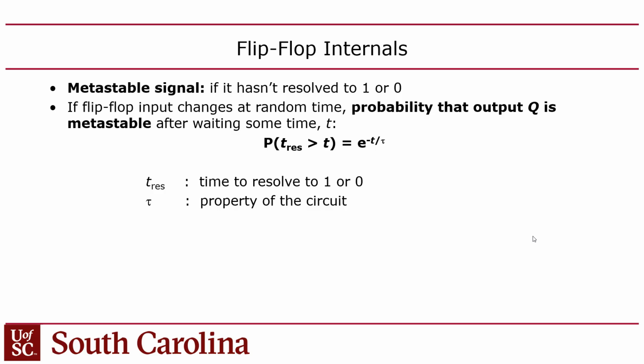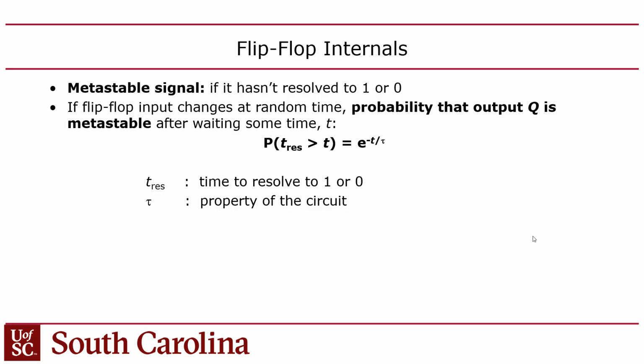So the probability that the resolution time is greater than t, which is the amount of time I'm considering, is e to the negative t divided by tau. Tau is, again, another technology parameter. So tau just defines essentially the slope of the exponential curve, right? It's the mean of the exponential, right? And this is, again, something that's baked into the circuit that makes the flip-flop, right?